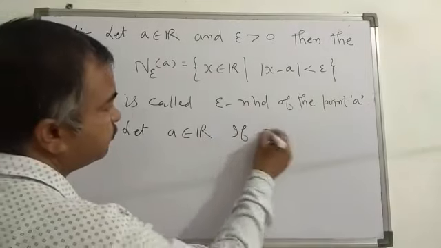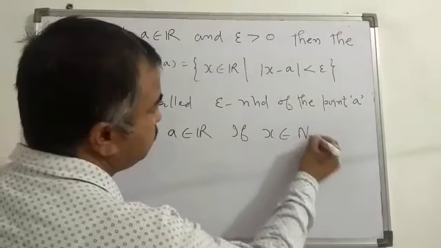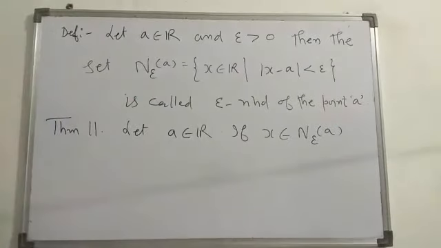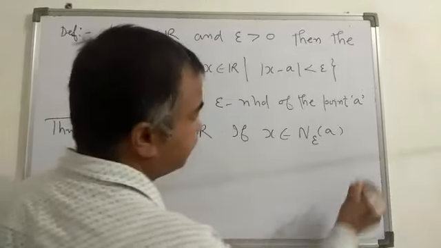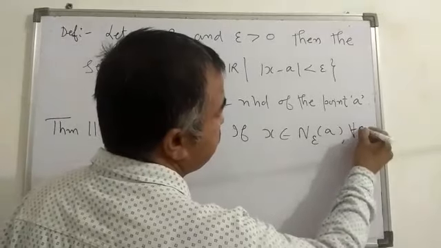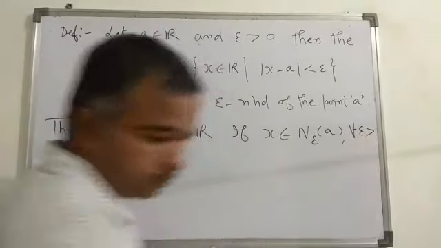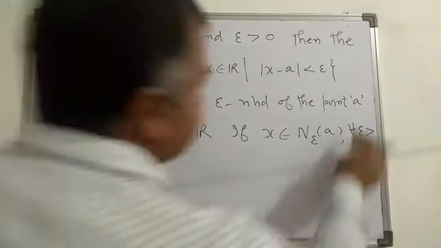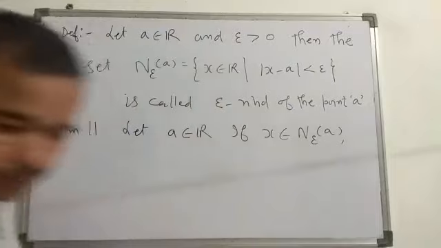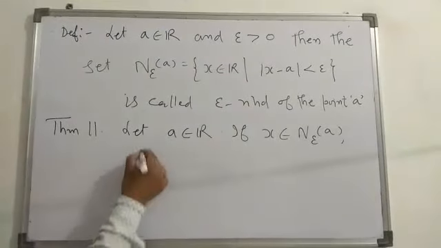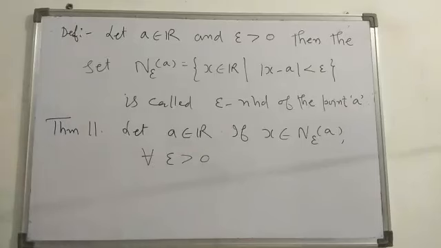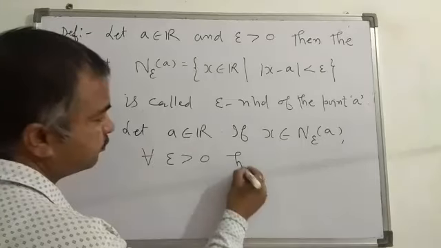If x is an element of the epsilon neighborhood of A for all epsilon positive, then x is equal to A.